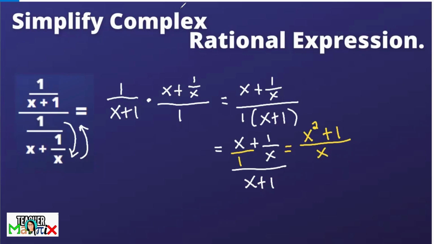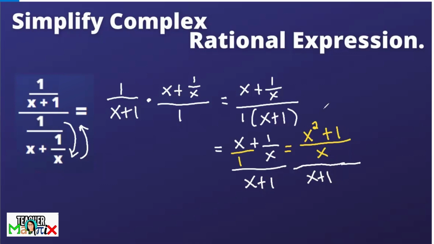Let me go back to the color white. Okay, copy the original x plus 1. We have the new expression, x squared plus 1 over x divided by x plus 1.